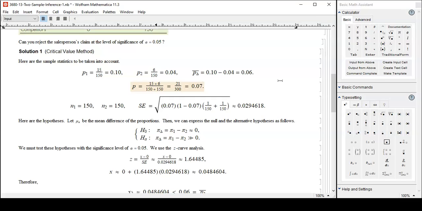So what is P? X1 plus X2, so 15 plus 6 out of N1 plus N2. What is this? Well, according to the null hypothesis, the proportions are actually about the same. Apparently, this has a higher proportion than that, but according to the null hypothesis, that's just because of luck. So there should not be any difference one way or the other.